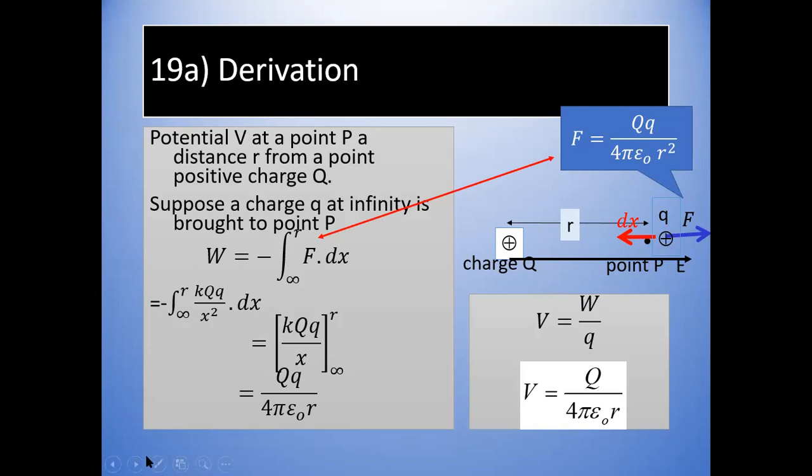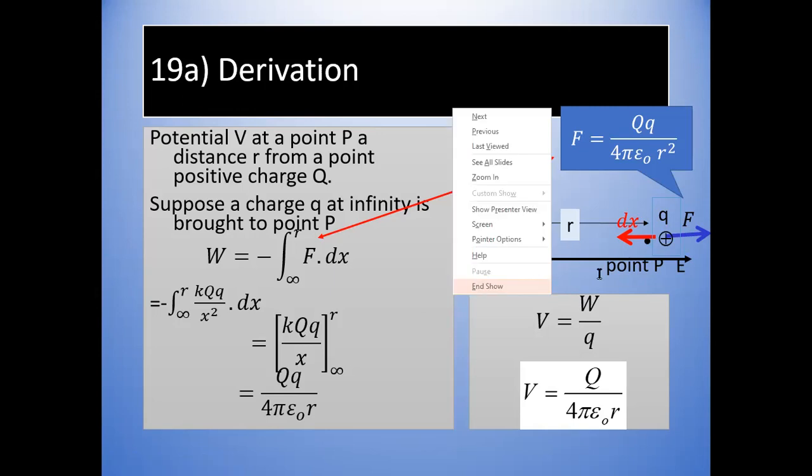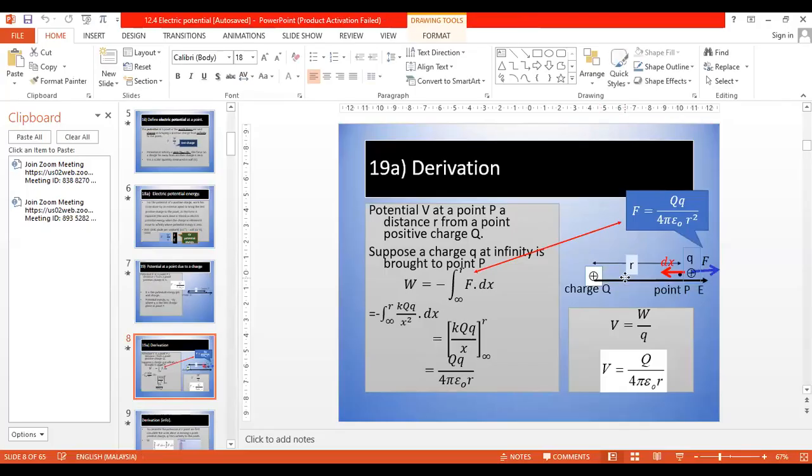Then k is 1 over 4 pi epsilon naught, that's why you substituted it inside. Then you substitute the x with R and then minus the value at infinity. That's why you get that.